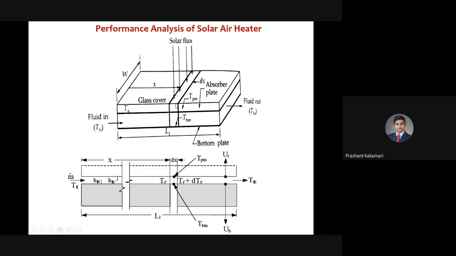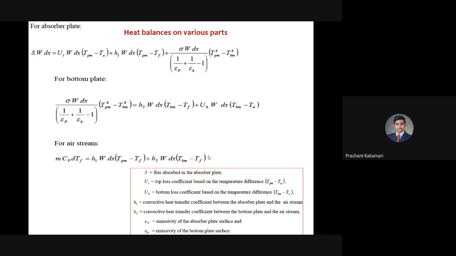Area of the surface you have considered dx into W. Temperature difference is Tpm, with respect to the absorber plate, minus the outside temperature. I can consider T ambient. So with respect to that, I have written T ambient. Plus, heat from the absorber plate is also lost through the air which is passing between the bottom plate and the absorber plate.